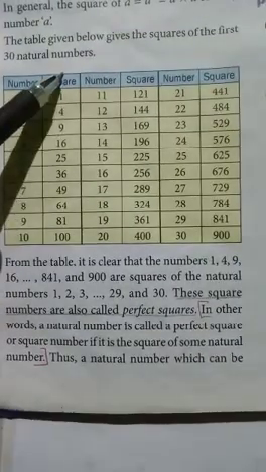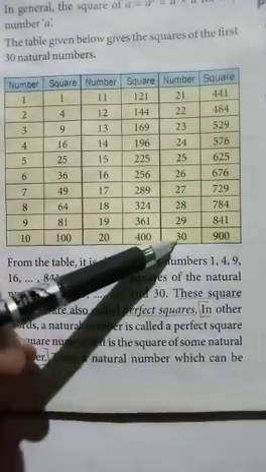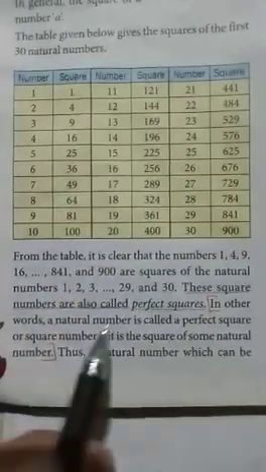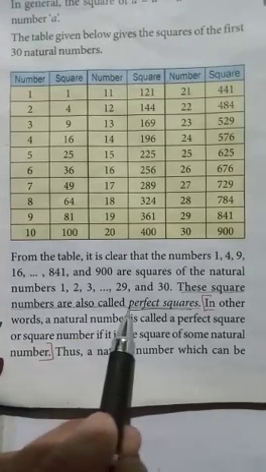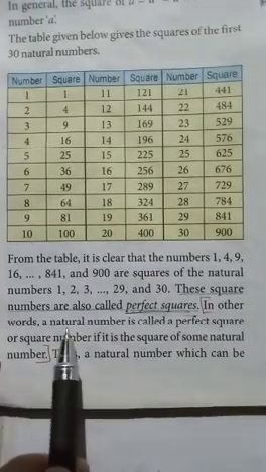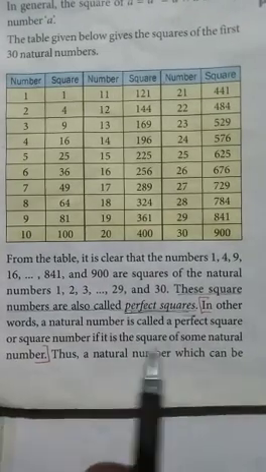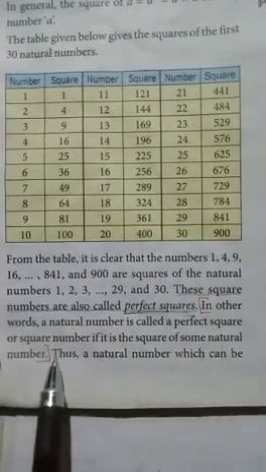So these numbers, how do we get them? The ones written as square. We get them by multiplying the same number, so such numbers we call perfect squares. In other words, a natural number is called a perfect square if it is the square of some natural number.